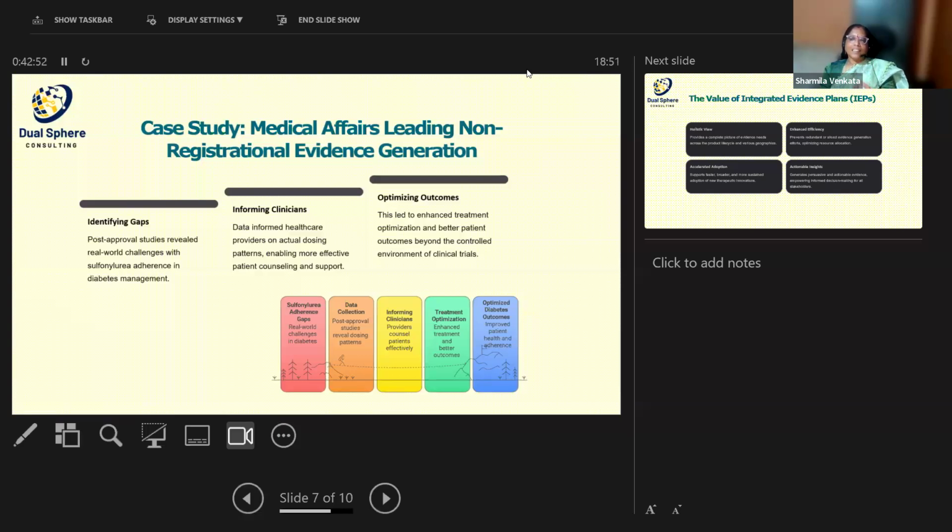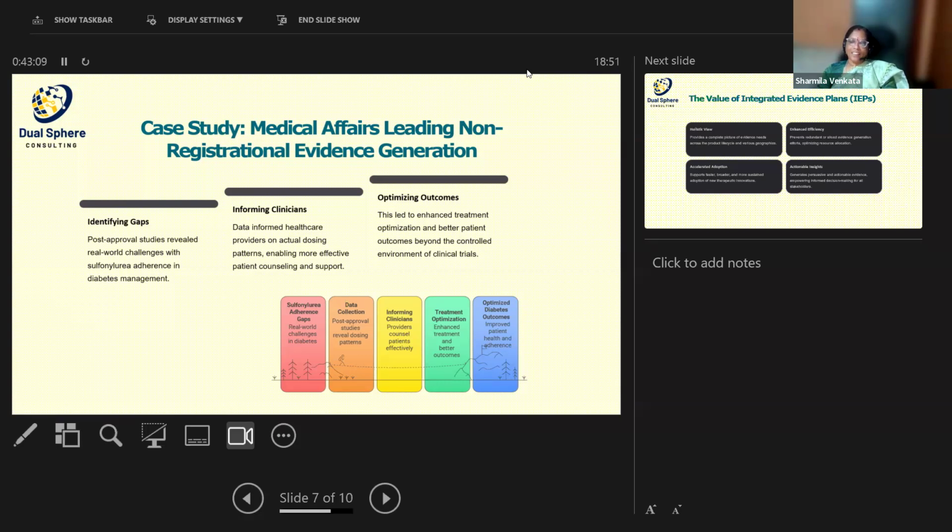And here's the key: this problem was largely invisible in clinical trials because those patients have high monitoring, frequent follow-up, and motivated participants. So, what did we do?